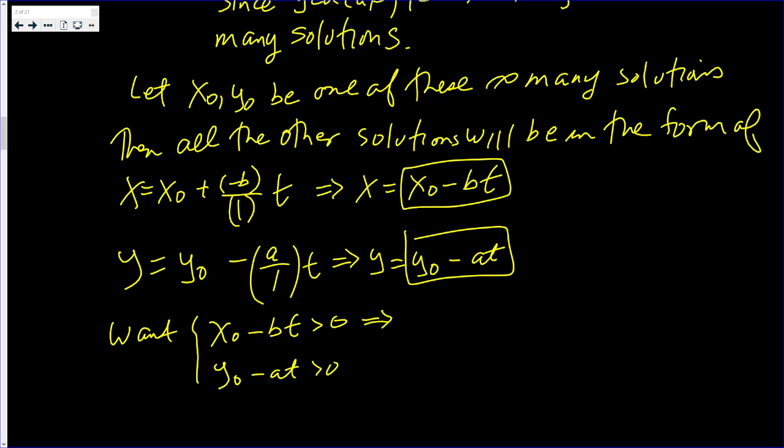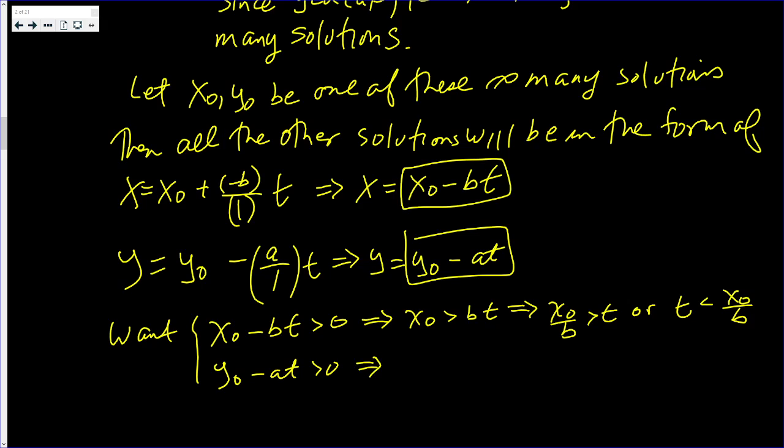This implies that x0 has to be bigger than bt. Now, b is positive, so x0 over b must be bigger than t, or t just needs to be less than x0 over b.